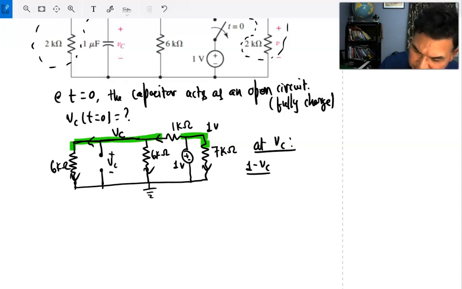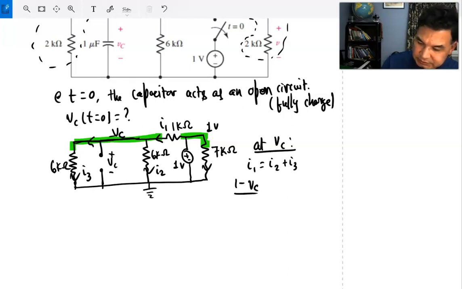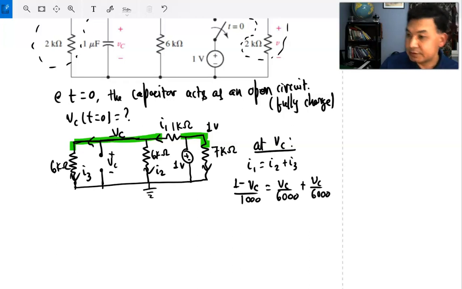So I'm going to call them I1, I2, I3. Let me do it from the very beginning. I1 is equal to I2 plus I3. I1 is 1 minus VC, the voltage we're finding, divided by 1 kilo ohm, 1000, is equal to I2, which is VC divided by 6,000, 6 kilo ohm. I3 is VC divided by again 6,000.